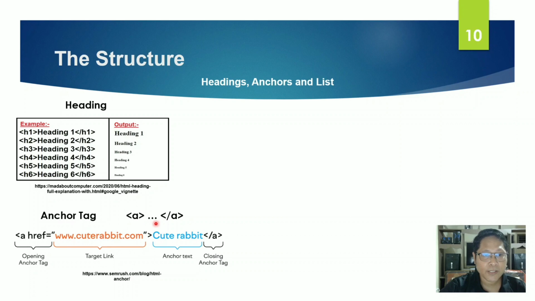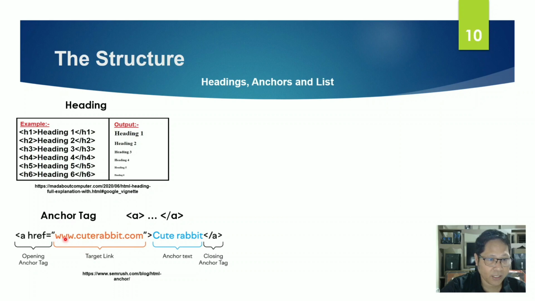In order for this anchor tag to work, we have to insert an attribute. Just like in our sample here, we are going to insert the attribute after the A, so A then a space. This is the opening anchor tag, and we put an attribute here, href equals www.cutterbet.com, and then close.